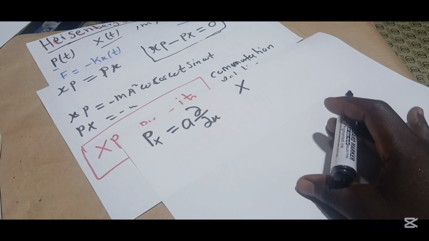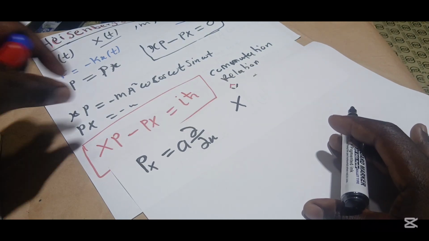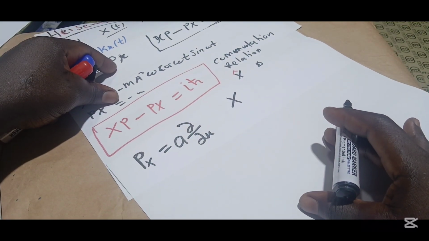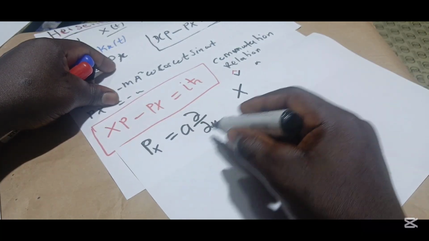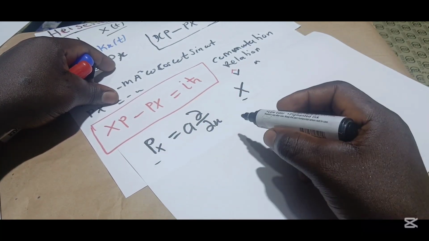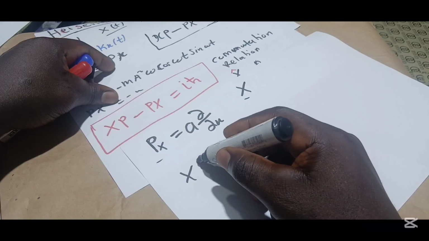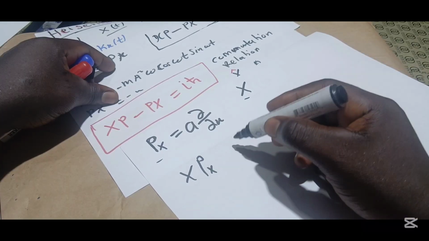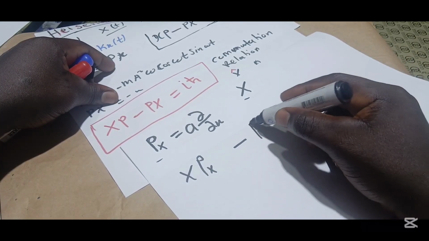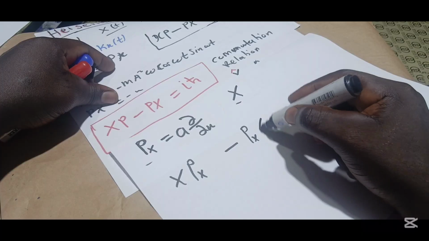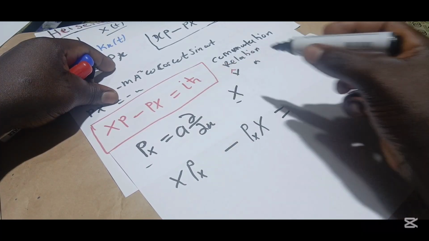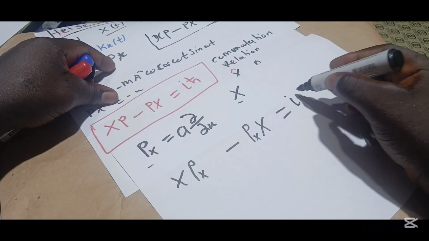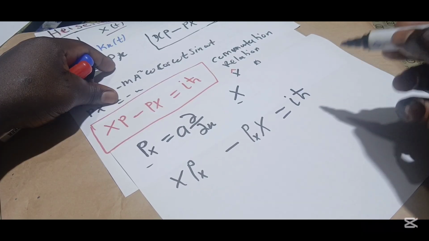So now what we want to do is try working around this equation. Assuming we have two operators, we want to find x multiplied by p minus p multiplied by x. It should give us some quantity, which is i h cross.